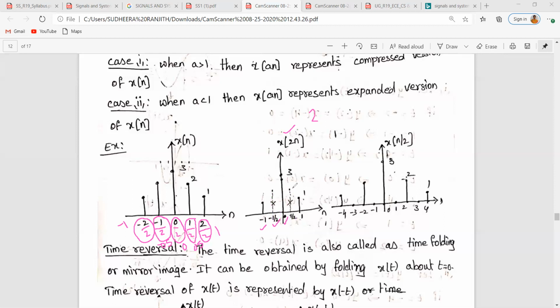We should neglect those samples, because if we consider them, the signal will not be a discrete time signal. It is against the definition of discrete time signals. So let us discard the samples defined at non-integer values of n and consider only the samples defined at integer values of n. Is it clear?